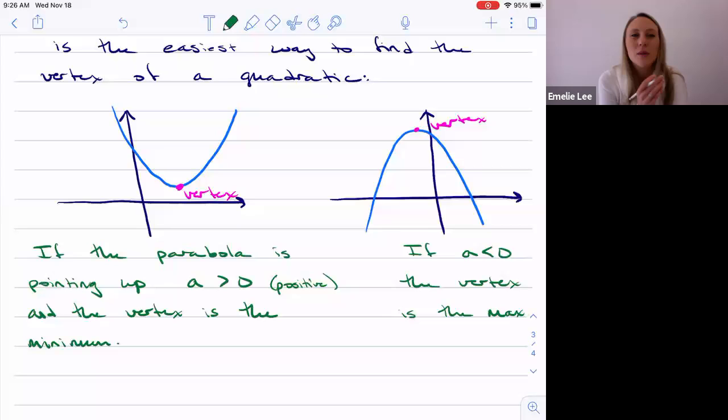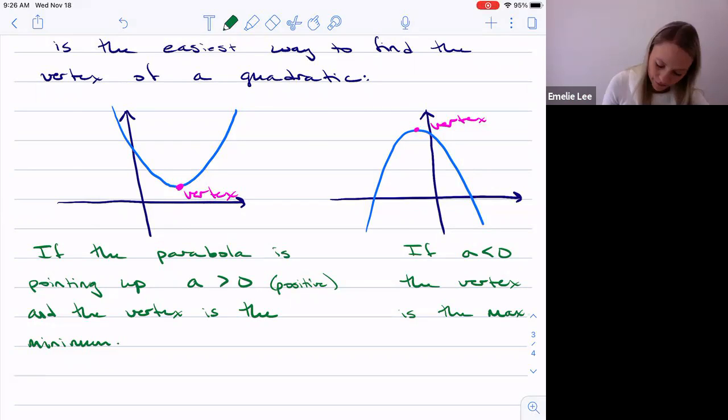That's going to be really, really useful, to be able to find either the minimum or the maximum, depending on which way it's pointing. But to be able to find the vertex is really, really useful.